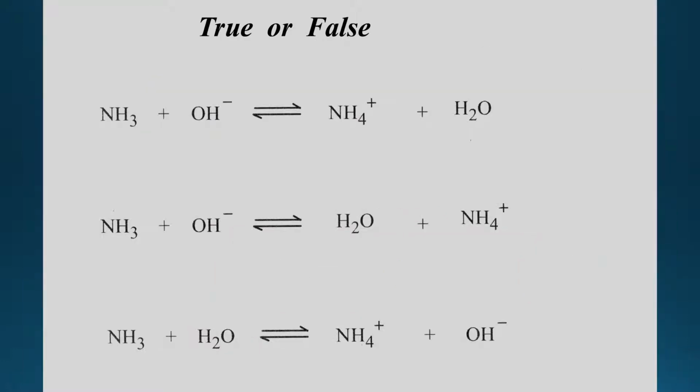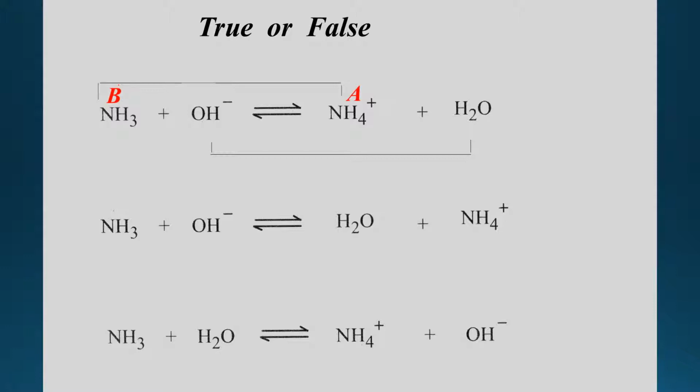Now let's see if you can identify whether the equations are correct or not. Try the first one. Conjugate pair first. Within the conjugate pair, one H more means acid.